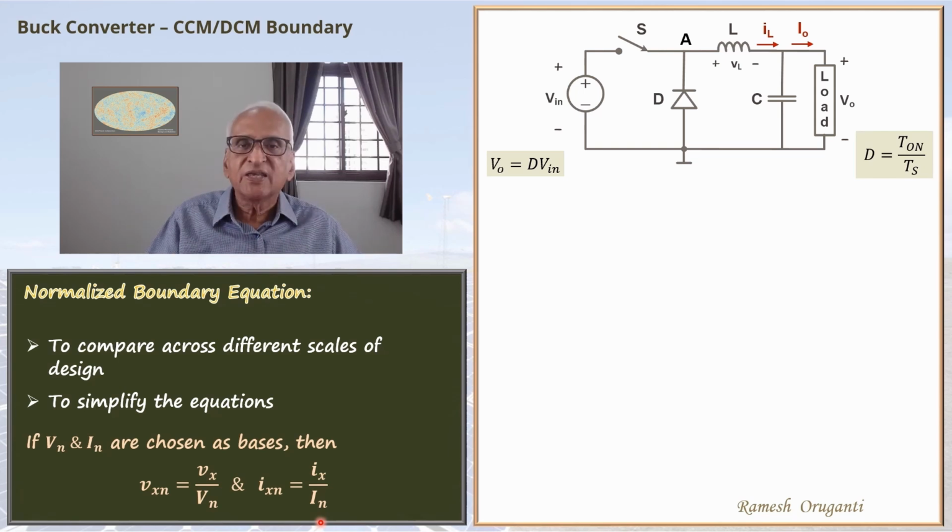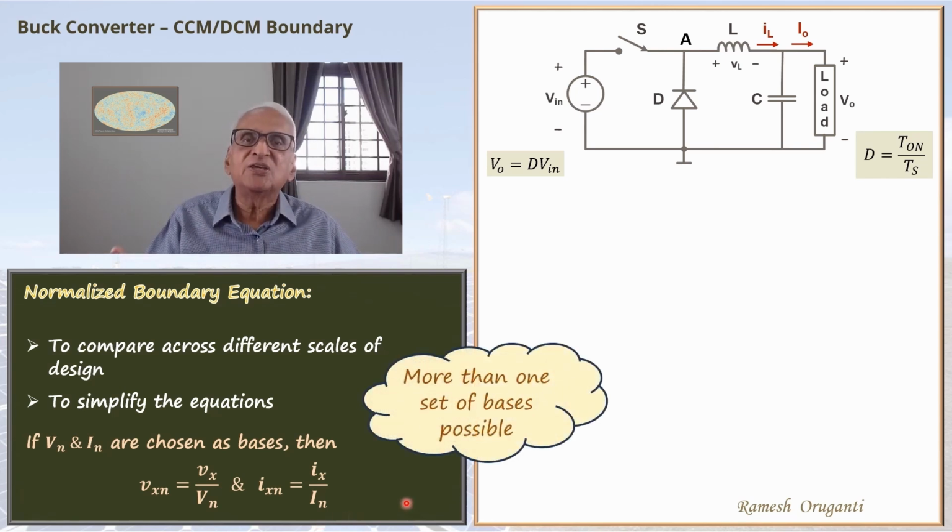If Vn and In are the voltage and current bases, then the resistance base or the impedance base will be Vn by In. Vn times In will be the power base, and so on. Remember that multiple sets of bases are possible. Usually, one set of bases will stand out for our use.